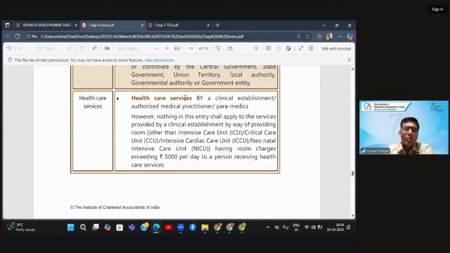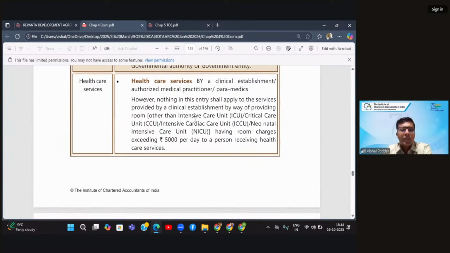However, now there is an amendment which says that if the room charges levied to you exceed rupees 5,000 per day, then that will be taxable. So within healthcare, the room charges where they exceed rupees 5,000 per day will be taxable.